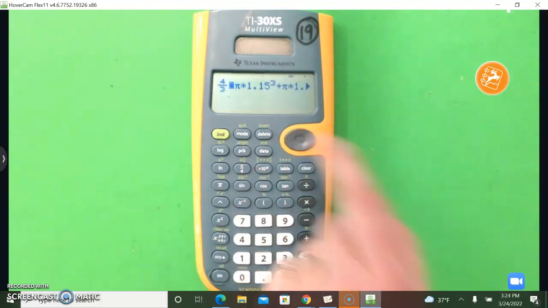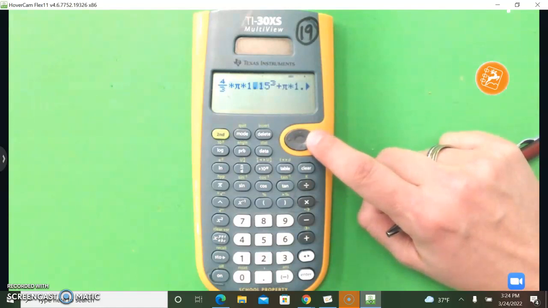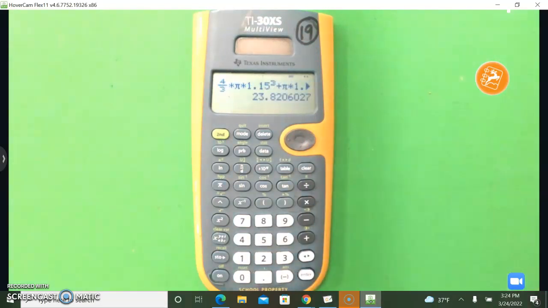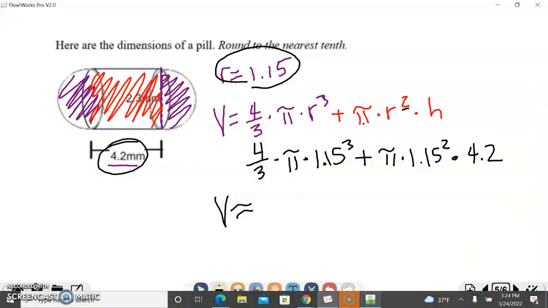So here we go. 4/3 times pi times 1.15 to the third power plus pi times 1.15 to the second power times 4.2. And we're going to get 23.82. So we'd have a volume of 23.82. We're measuring in millimeters, so this would be millimeters to the third power.